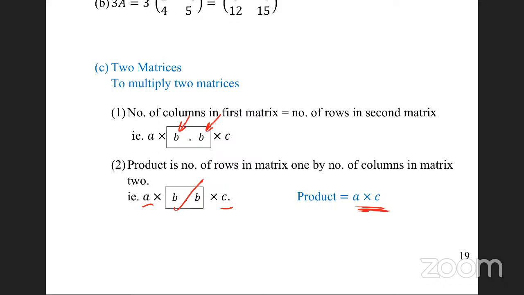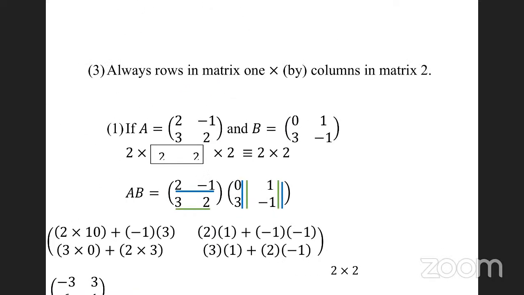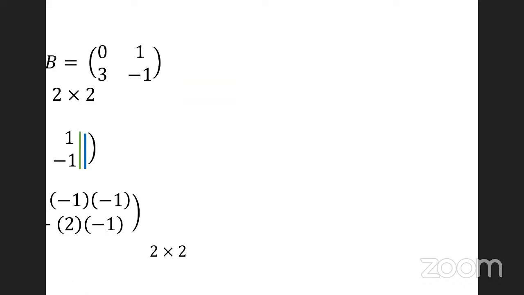Now, how do we multiply? We have to remember this rule here: rows in matrix 1 by columns in matrix 2. You always multiply row by column, each row in matrix 1 by all the columns in matrix 2. Remember that. Let's take a look at an example.